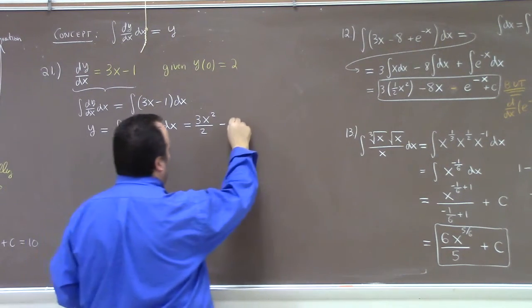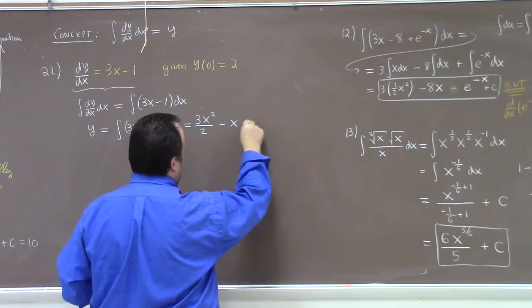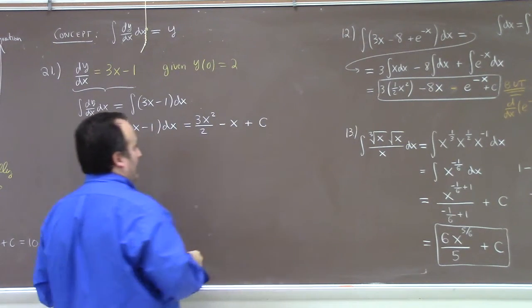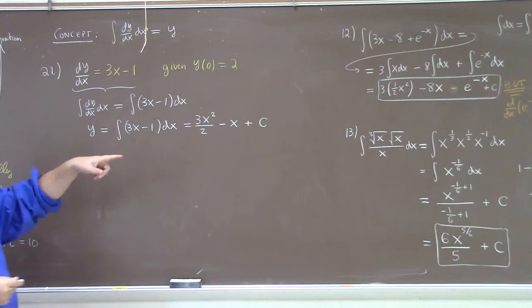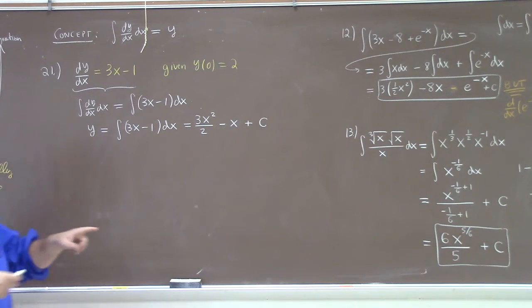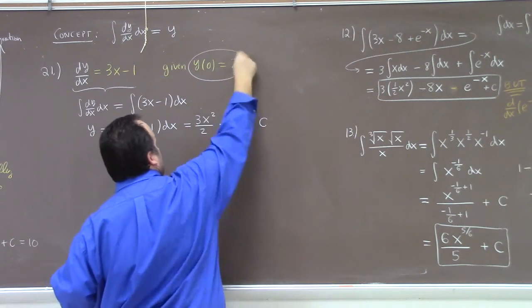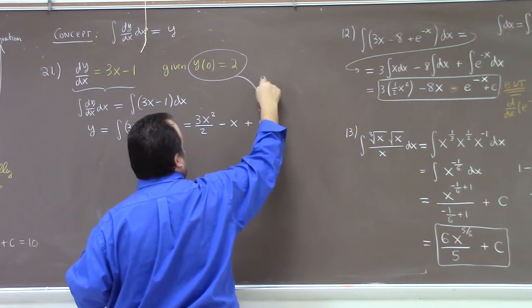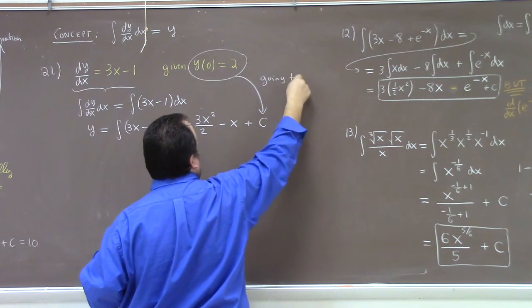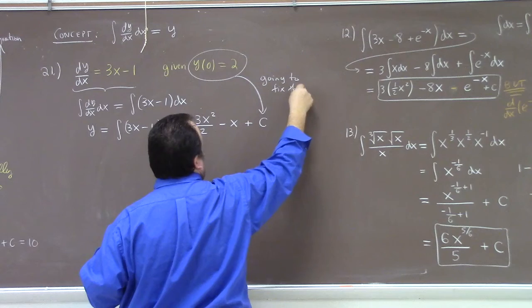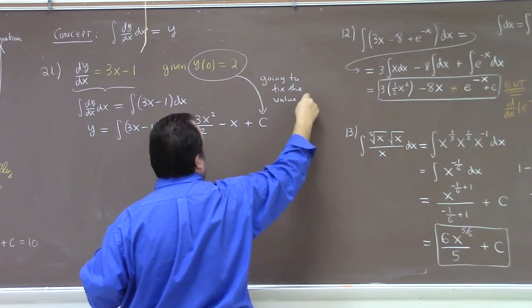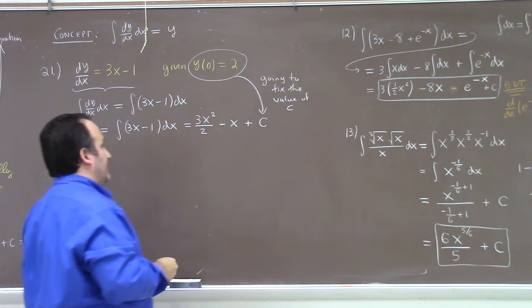Very good. And then, of course, we have to add a constant, right? And that constant is what gives us the freedom to implement this condition. This condition is going to fix the value of c.